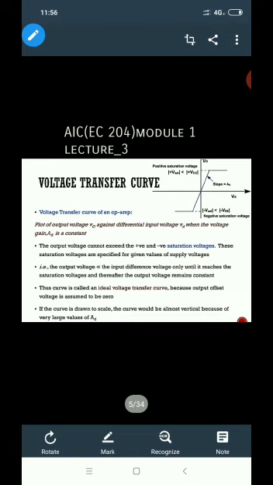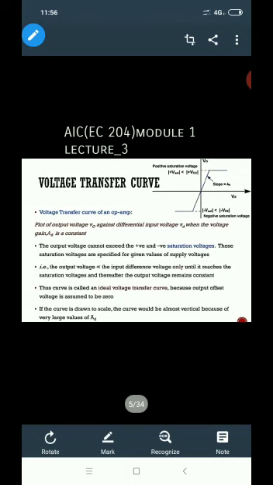That is, the output voltage is proportional to the input difference voltage only until it reaches the saturation voltages, and thereafter the output voltage remains constant. This curve is called an ideal voltage transfer curve because the output offset voltage is assumed to be 0 here.